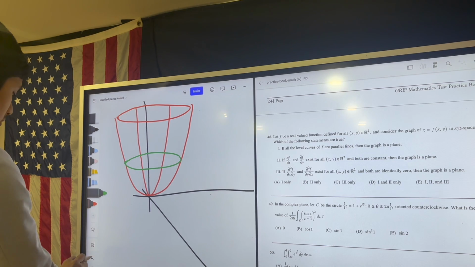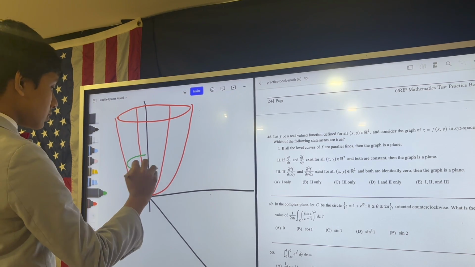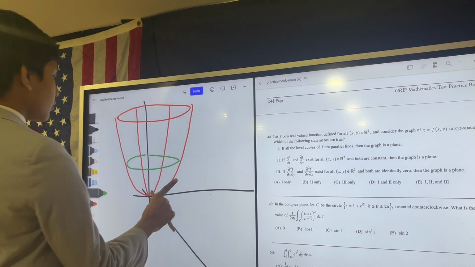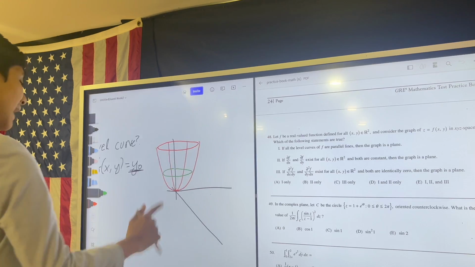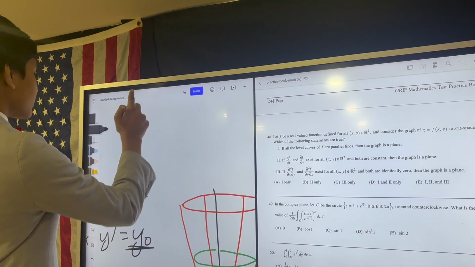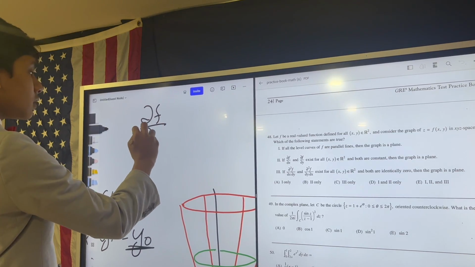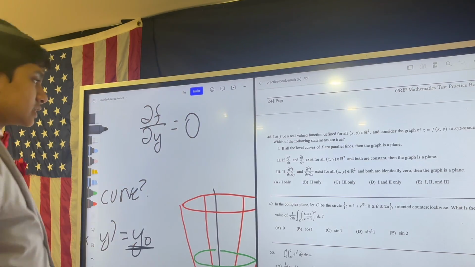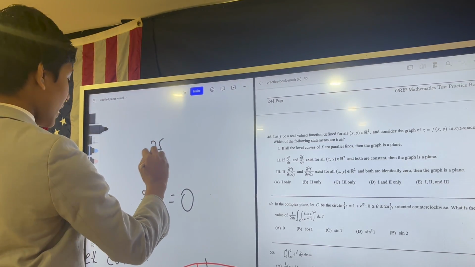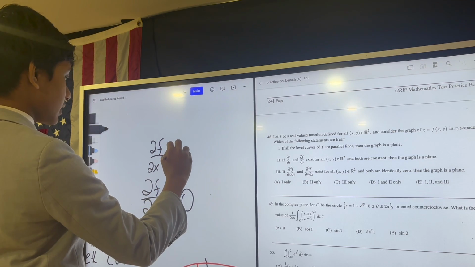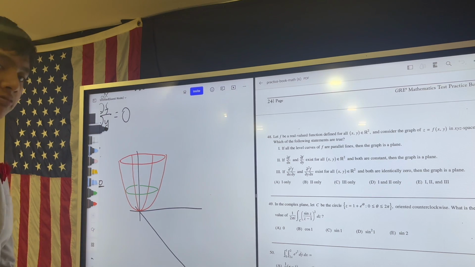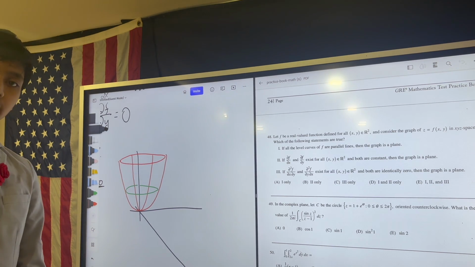So, what are we going to come up with as a counterexample? Well, just come up with something where partial f partial y is equal to 0, but partial f partial x is equal to something totally different. That way, the level curve is just a line.